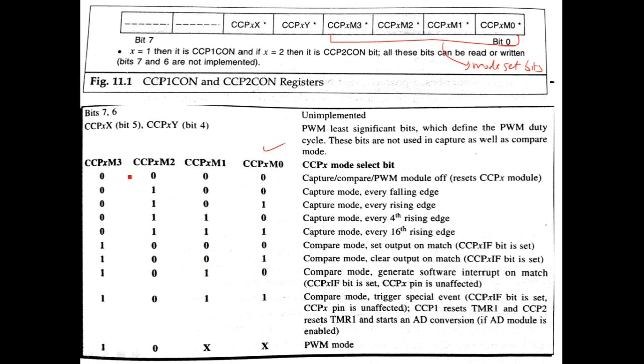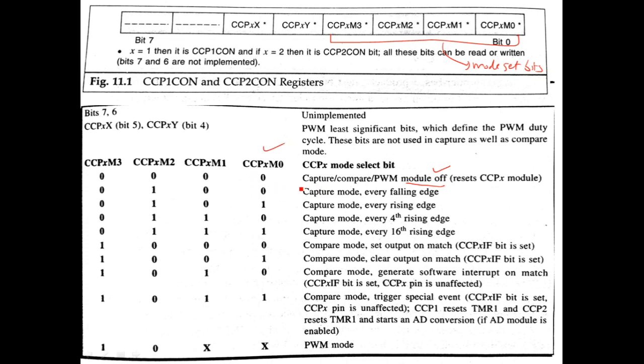For example, when all these bits are 0, the CCP module will be turned off. As I told you, this facility is provided everywhere in this microcontroller: whenever you don't need to use any functional block, that block can be kept switched off. That reduces the power consumption. Now when you want to use this module, there are different options available.